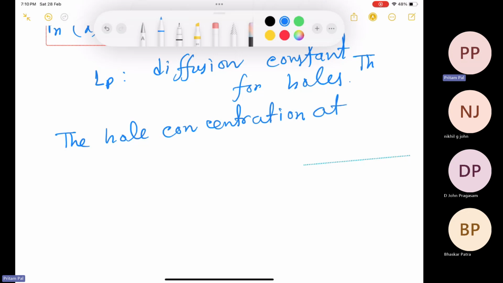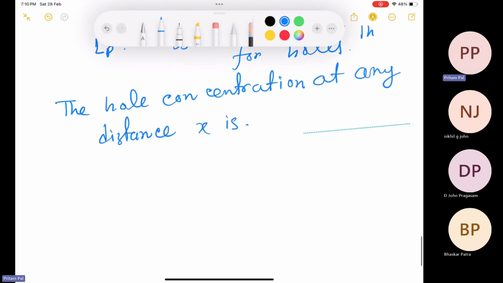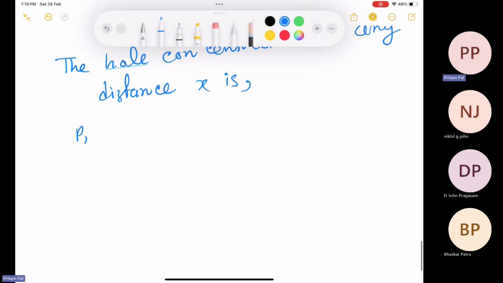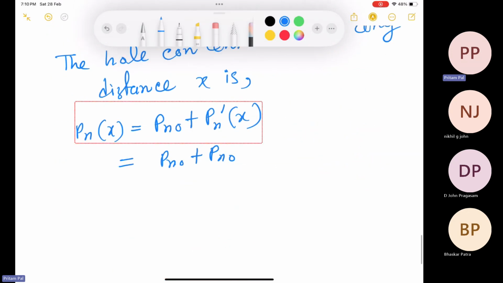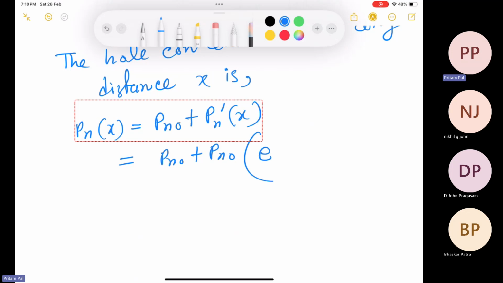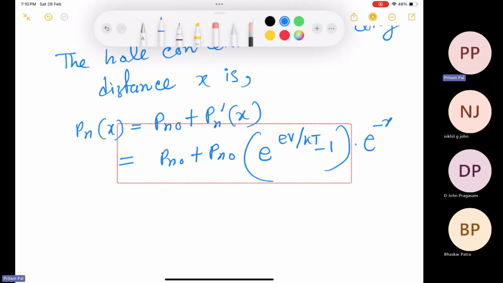The hole concentration at any distance x is, already we wrote this thing, pn naught times e to the power eV by kT minus 1, times e to the power minus x by Lp.